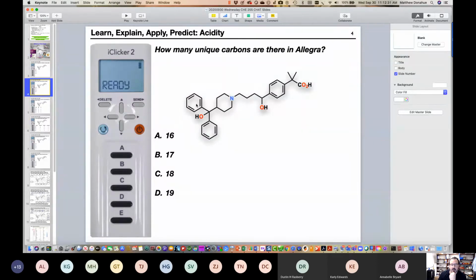So this ring and this ring are the same. These two and these two, that's all one set. Then these two, that's one set, and these two, that's another set. So the answer should be 19.